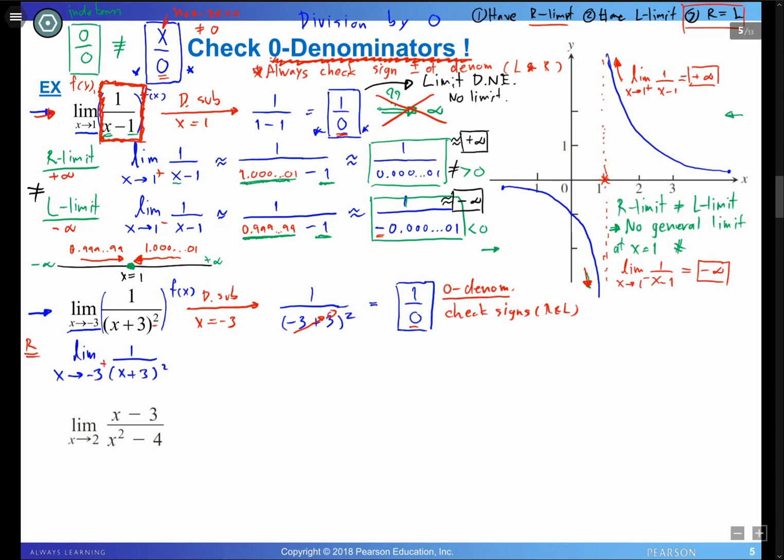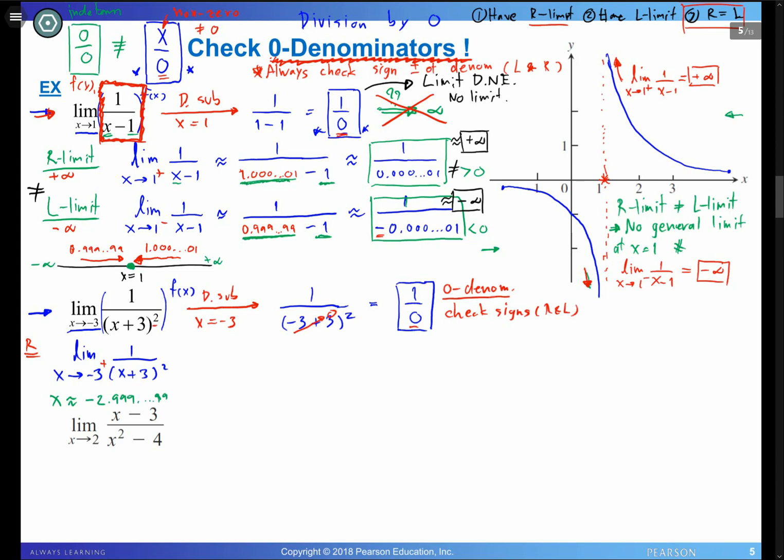Now let's take a look at the value of x right here. We are approaching minus 3 but not there, and we are moving from the right hand side. So the value that we are going to use is going to be a little bit larger than minus 3. Coming from the positive side, it has to be larger. So x is going to be about minus 2.999, lots of 9s, slightly larger than minus 3.